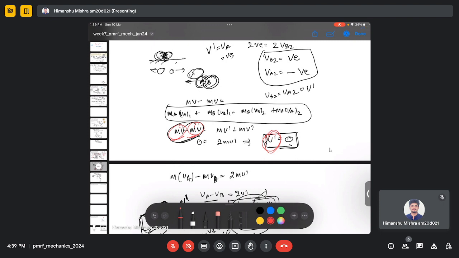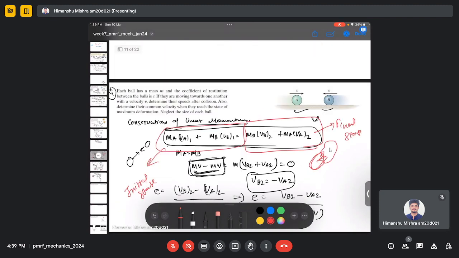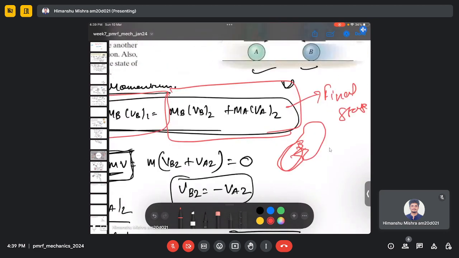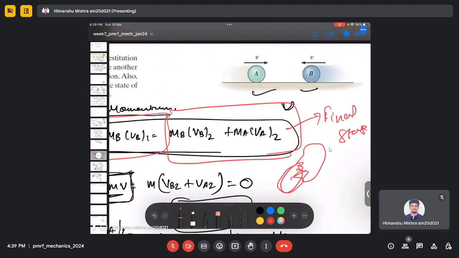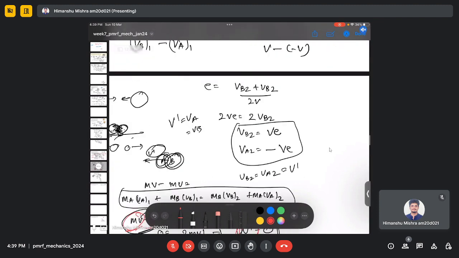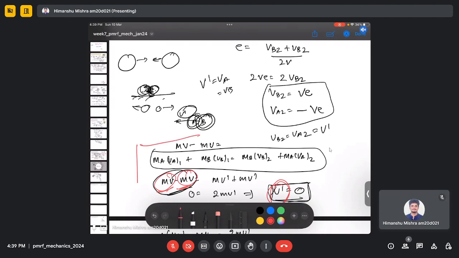Yes, that is V and minus V. So in the final stage, it will be VA2 and VB2, but VA2 we are getting as minus V, and VB2 we are getting as V. So this is for the different case.